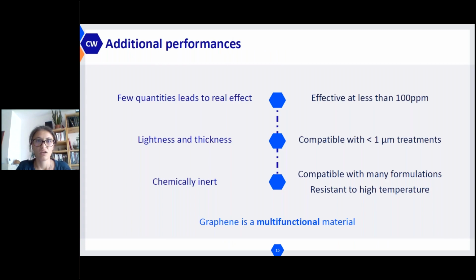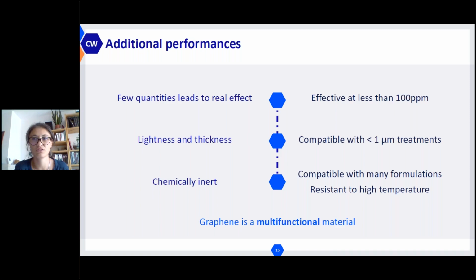So here we can see that graphene has a very significant effect even at very low concentration, because the results I have presented are where graphene is present at less than 50 ppm. As graphene is a very thin and very light material, it's compatible with many or all traditional industrial applications.